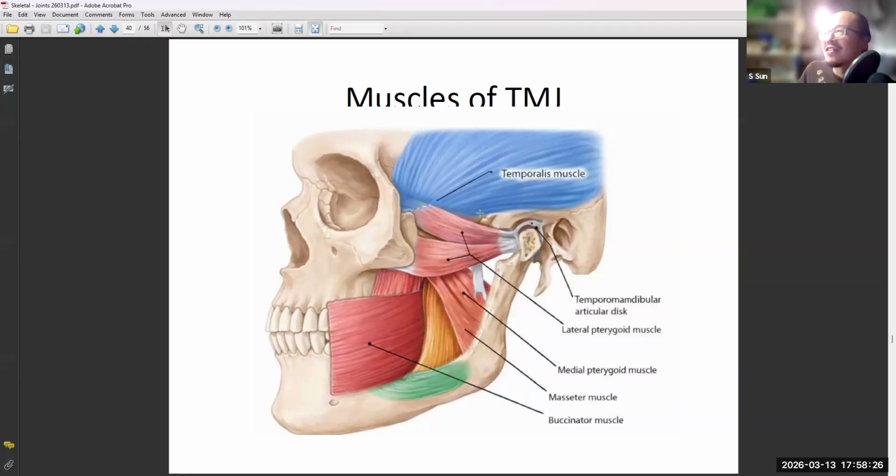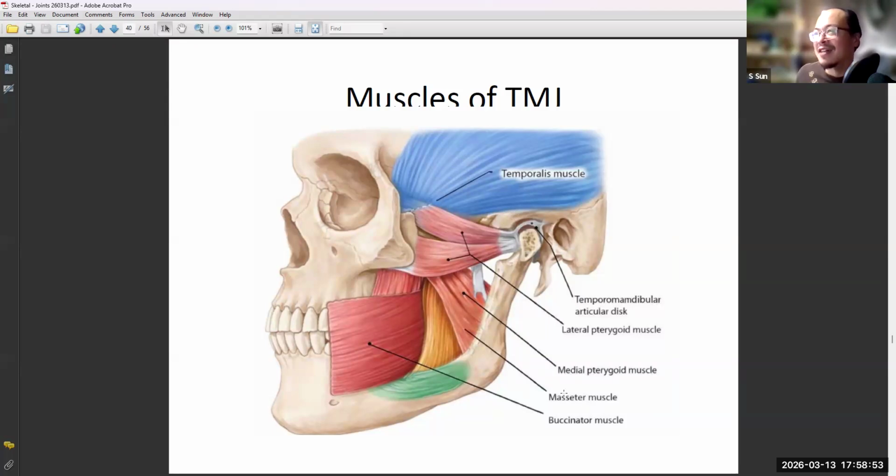So the temporalis, the medial pterygoid muscle, and the masseter muscle are all helping with elevating or closing our jaw. We have three muscles doing that work, so your biting is pretty strong because you have a lot of muscle helping with that.